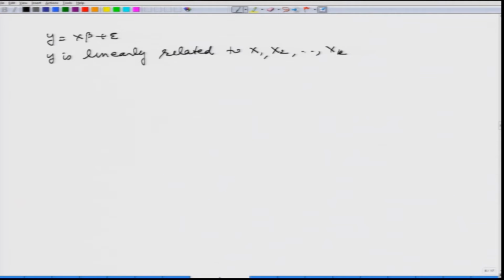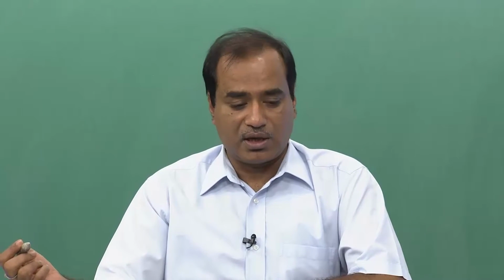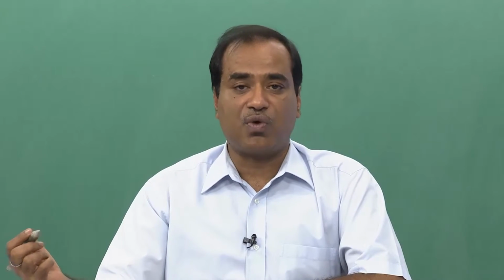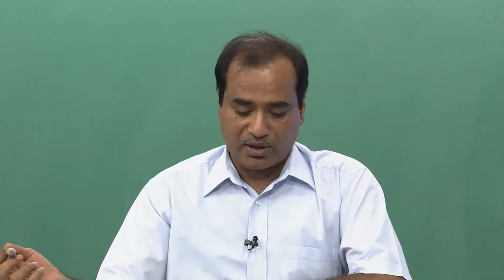Before we try to estimate the model parameters, a natural question comes up: how do we decide whether the relationship between y and x1, x2, ..., xk is linear or not?